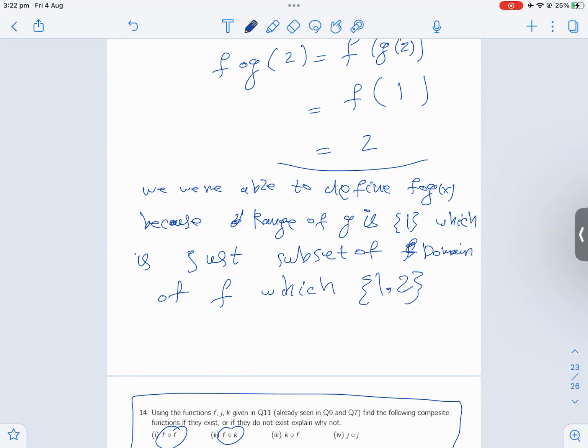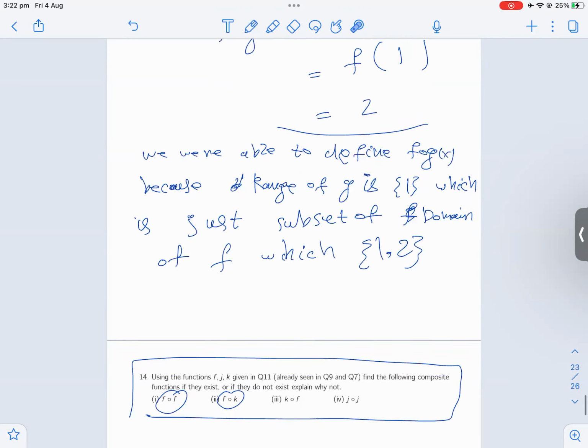If the range of the first function is not a subset of the domain of the second function, we are unable to define f o g.